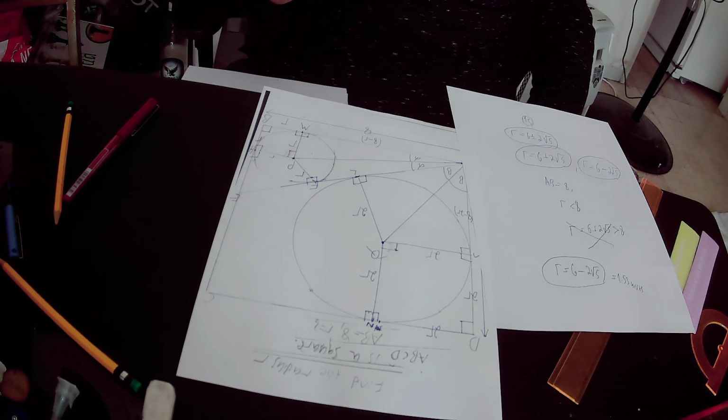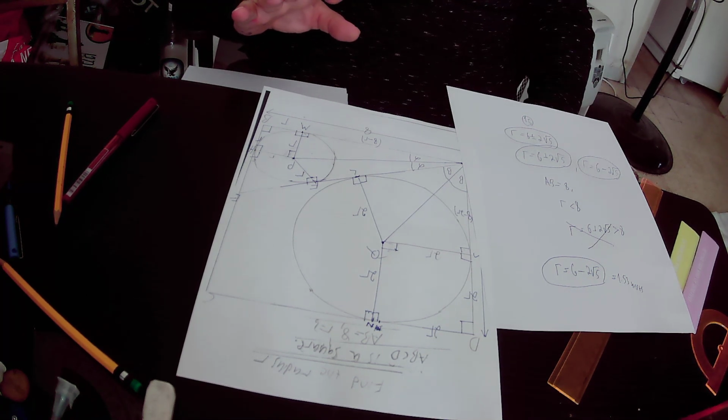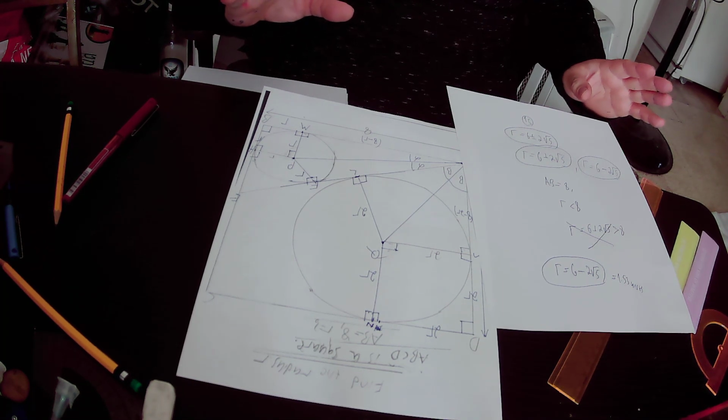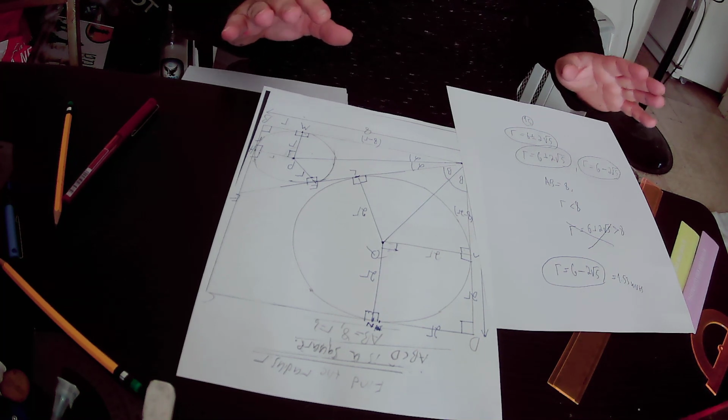Okay, so that is actually the answer to the question. The radius of the small circle equals either 6 minus 2 times root 5 units, or in terms of numbers, it equals 1.53 units.